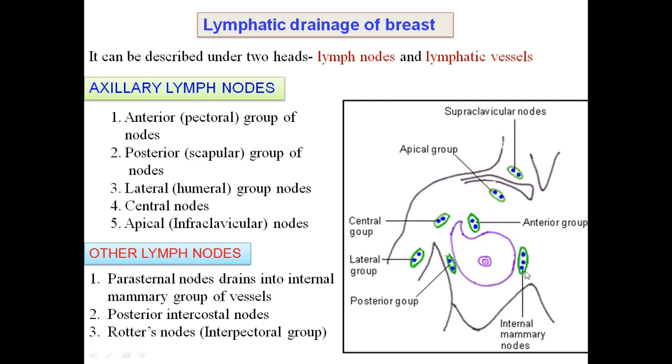The internal mammary nodes or parasternal nodes are seen on the medial side of the gland. All these nodes drain into the apical nodes. The apical nodes are situated medial to the axillary vein.